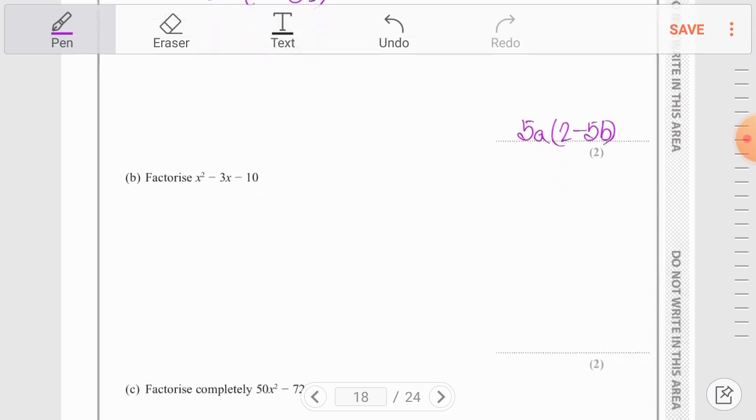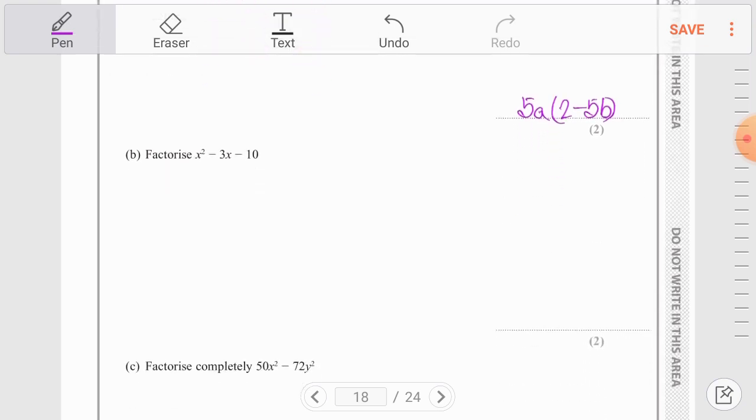Moving to part B. Factorize x square minus 3x minus 10. So I'm going to split the 3x into two numbers. That is x square minus 5x plus 2x minus 10.